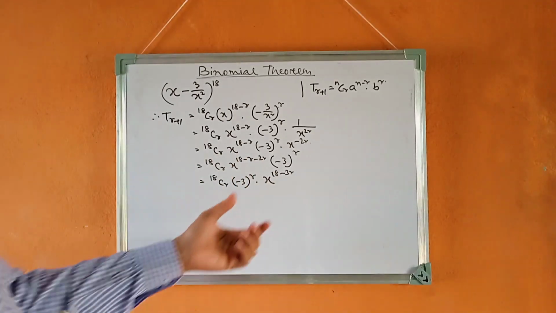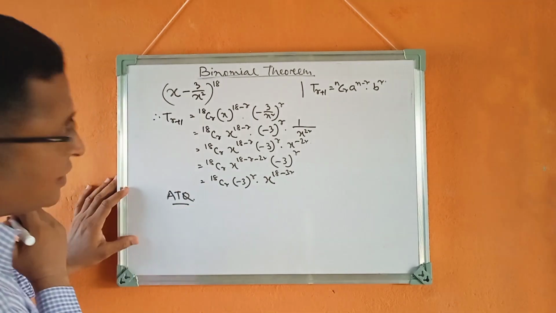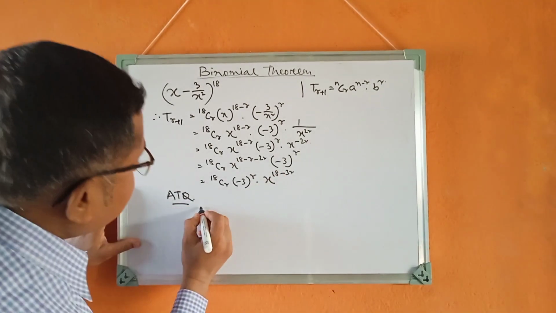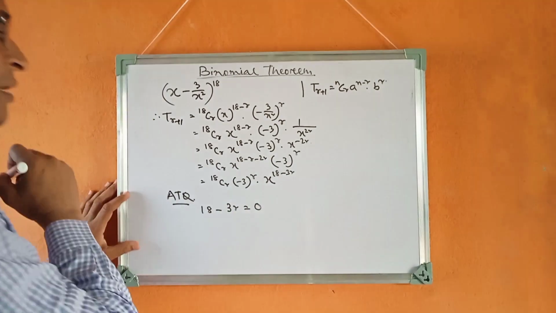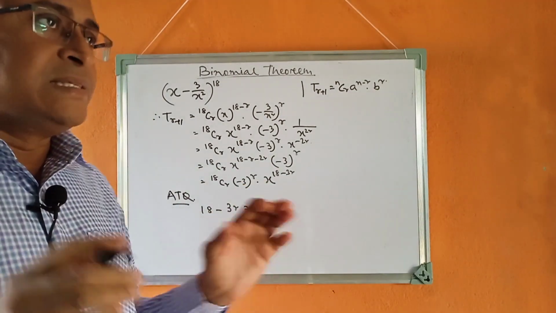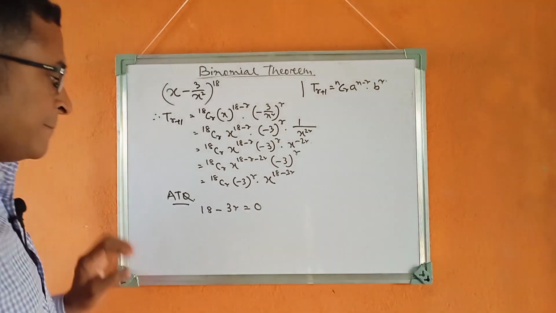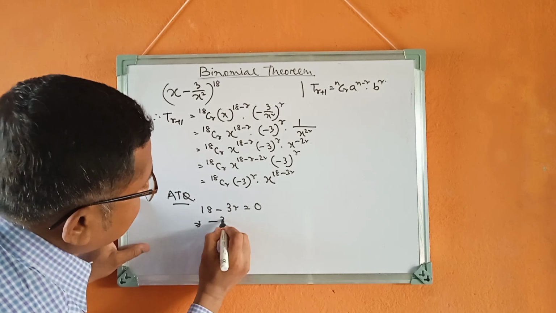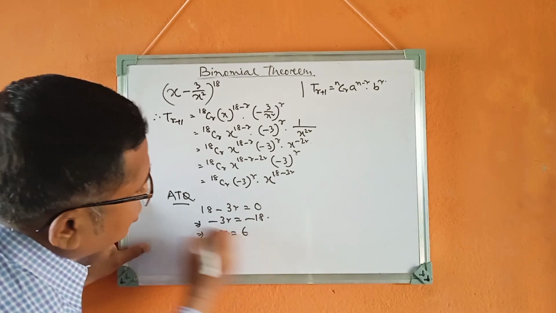Now, according to the problem, 18 minus 3r equal to 0 because the power of x is 0 in the term independent of x. So after calculation we get minus 3r equal to minus 18, or r equal to 6.